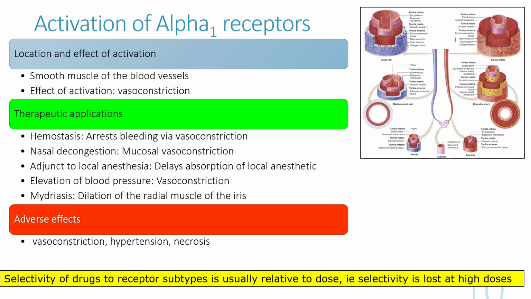So what we're going to look at is specifically the activation and blocking of different subtypes within the adrenergic system. The first subtype we're going to look at are alpha-1 receptors. Alpha-1 receptors are found on smooth muscle in the blood vessels.